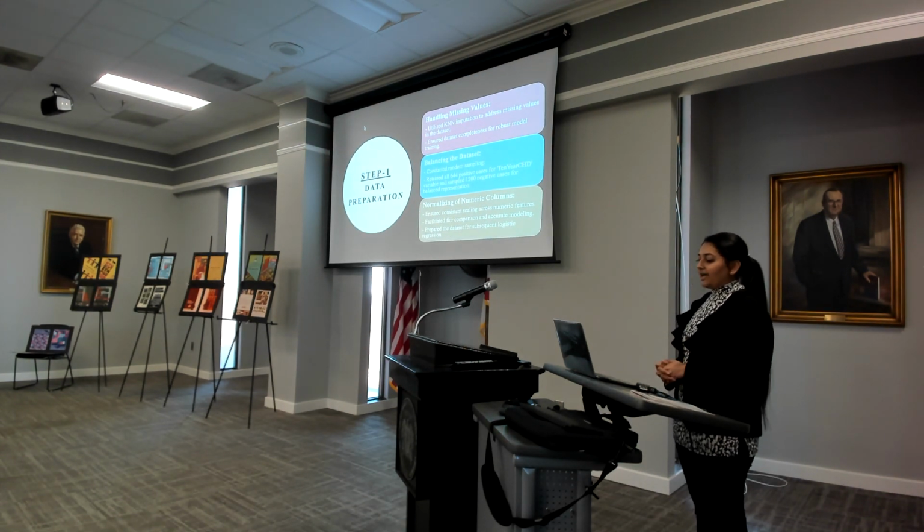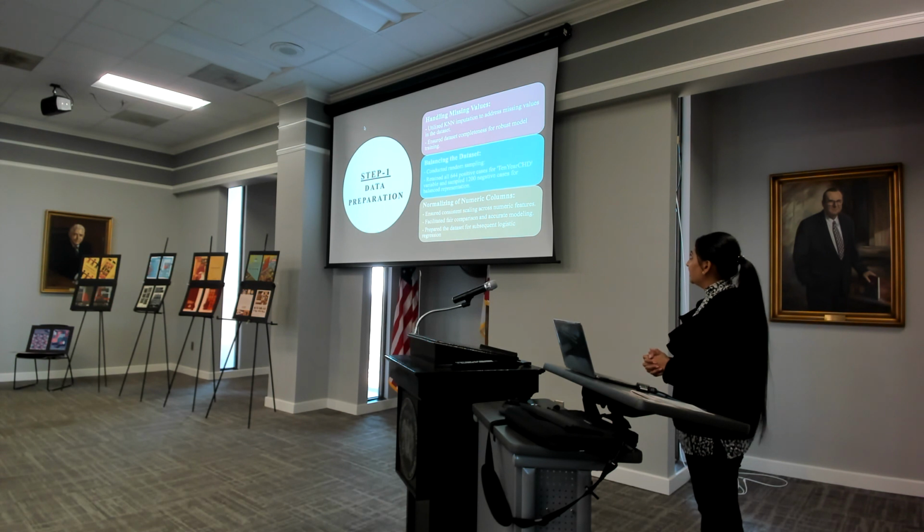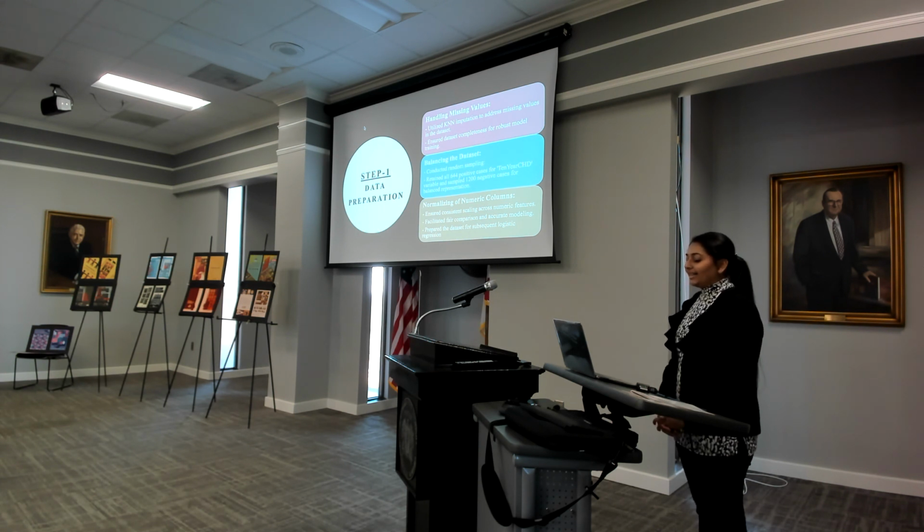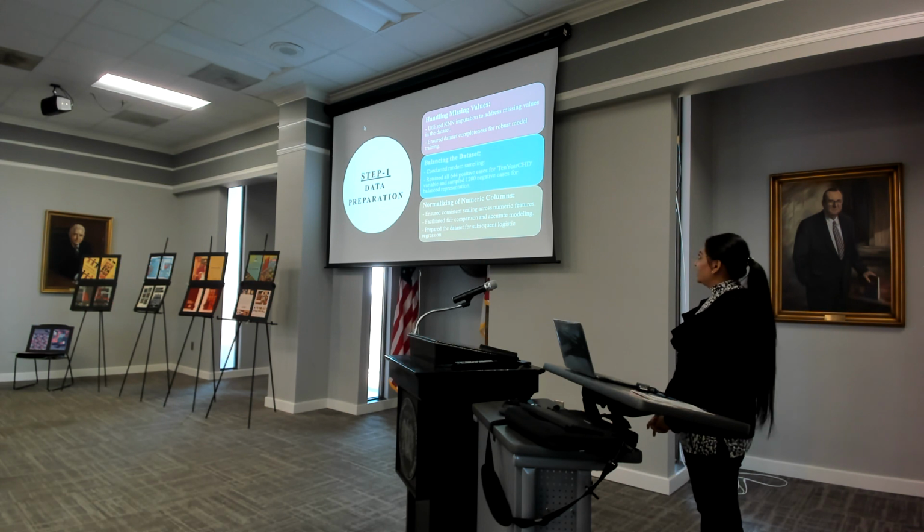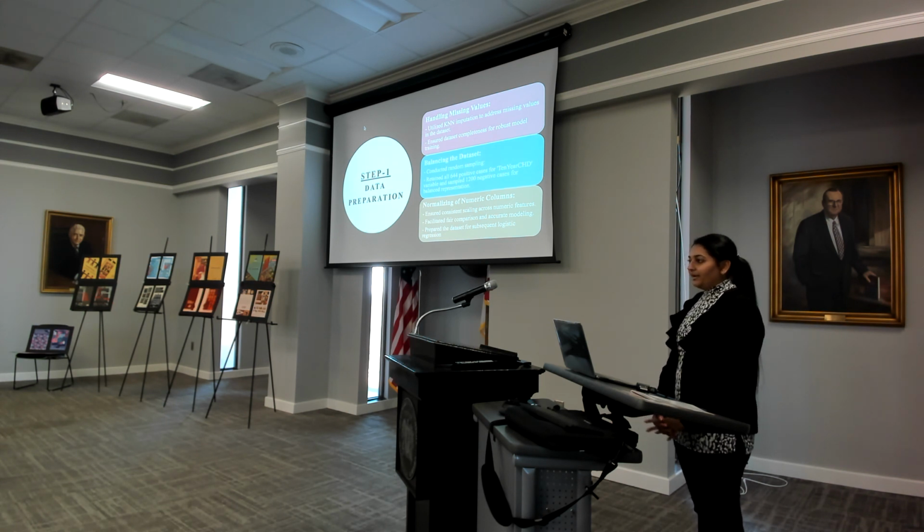As the first step of our analysis, data preparation was needed. Because we had missing values in the data set, we utilized K-NN imputation, K nearest neighbors imputation, to address the missing values. This ensured that the data set is complete for our analysis.